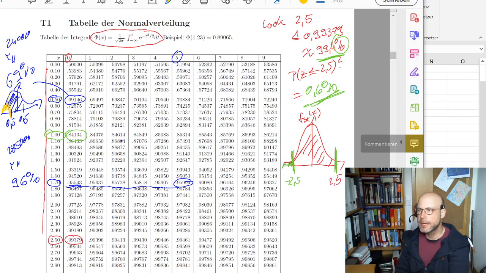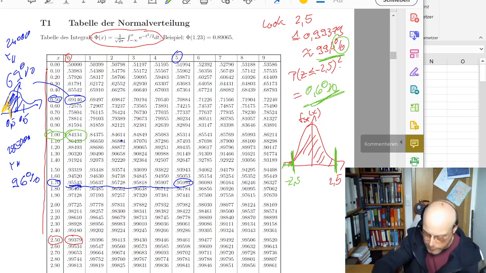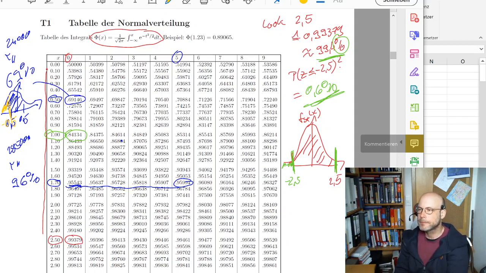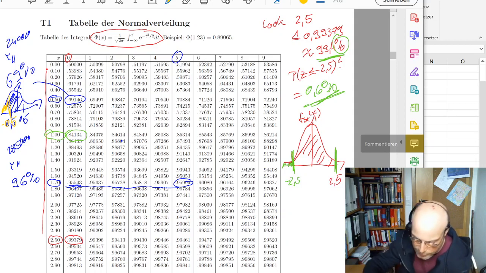What is the percentage for the area below minus 0.5, if the area below 0.5 is 69%? You know, the standard normal distribution is symmetric. I will give you also some other exercises on this, if you haven't seen this in your introductory courses.